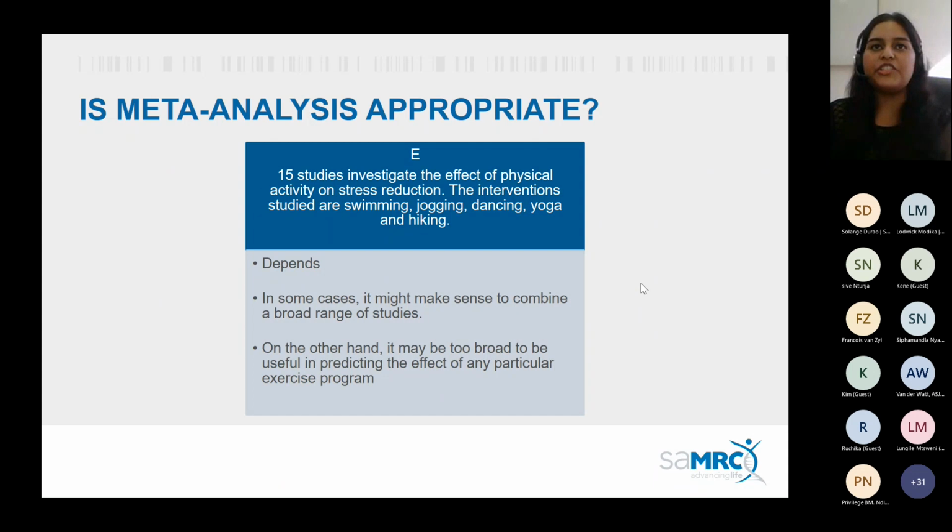So this would not answer questions between the differences of, say, swimming and jogging, or between long exercise programs and short exercise programs. So if your aim is to get a specific answer for a specific exercise program, then you may want to break up your review into several separate meta-analyses. And again, it's up to you to make those judgments on the aim of your study.